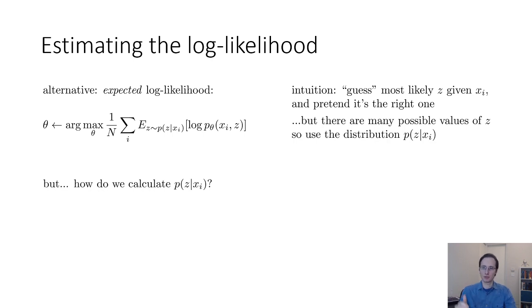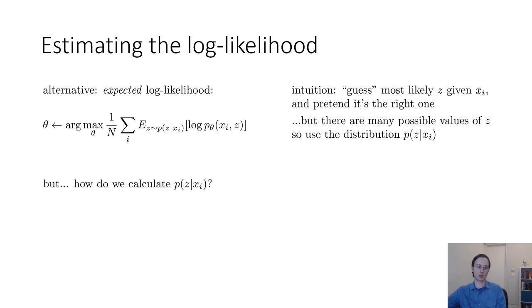All right, so first of all, why is this objective more tractable? Well, because expected values can be estimated with samples. If you want to get an unbiased estimate of the expected value, you don't need to actually consider all z's. You can simply sample from the posterior p of z given xi, and then average together the log probabilities of those samples.